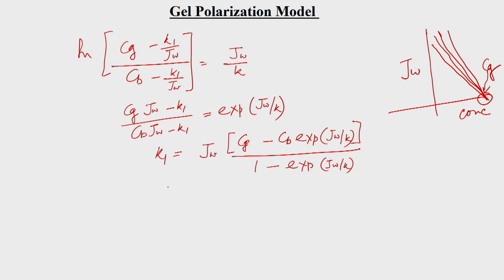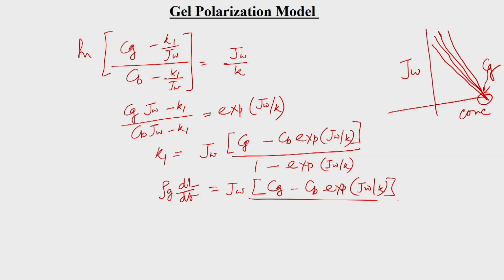Okay. And then this K1 is equal to say rho g into d L dt, that will be equal to Jw into (Cg minus Cb into exponential Jw by K) divided by 1 minus exponential Jw by K. Okay.